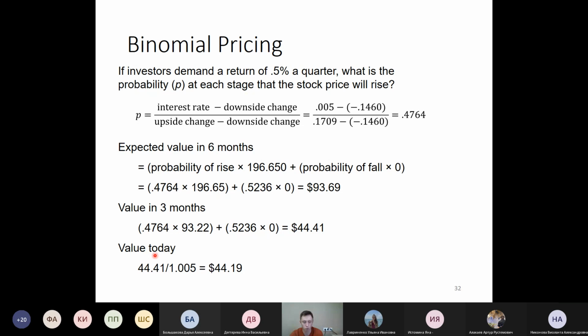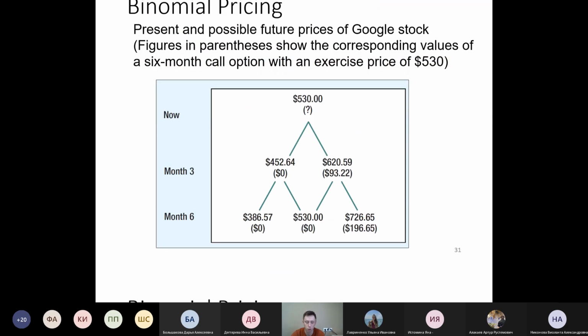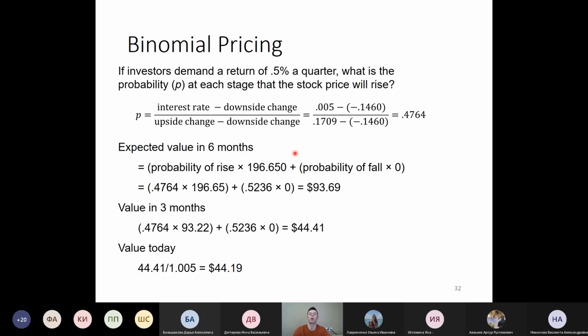Then we discount it because it will happen three months later, having the value of the option. So something that we would put here, 44.19. This would be the call option price, using the binomial pricing model with 2 steps of 3 months.